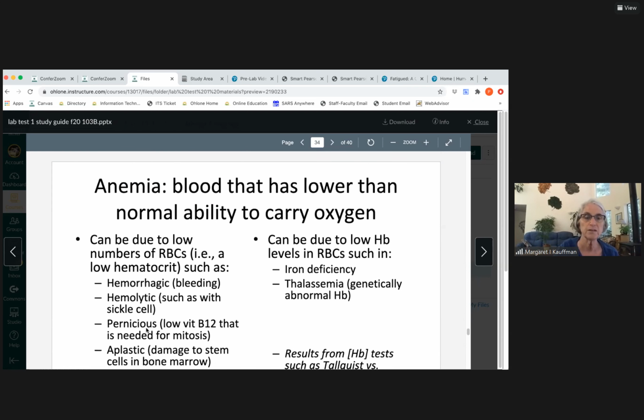So these would affect the hematocrit. However, you can have conditions where you have a normal hematocrit, but instead of being 97% full of hemoglobin, the red blood cells are less than 97%. So hemoglobin is not being made at a sufficient rate.